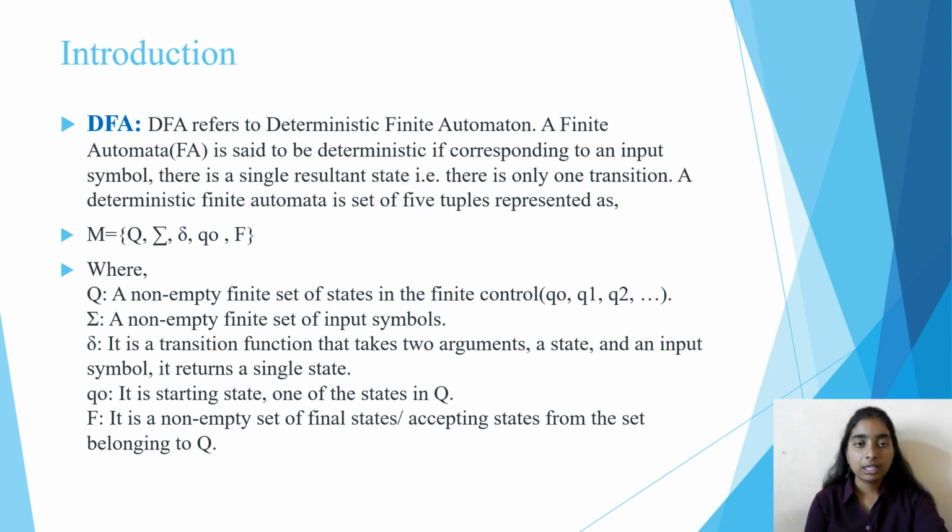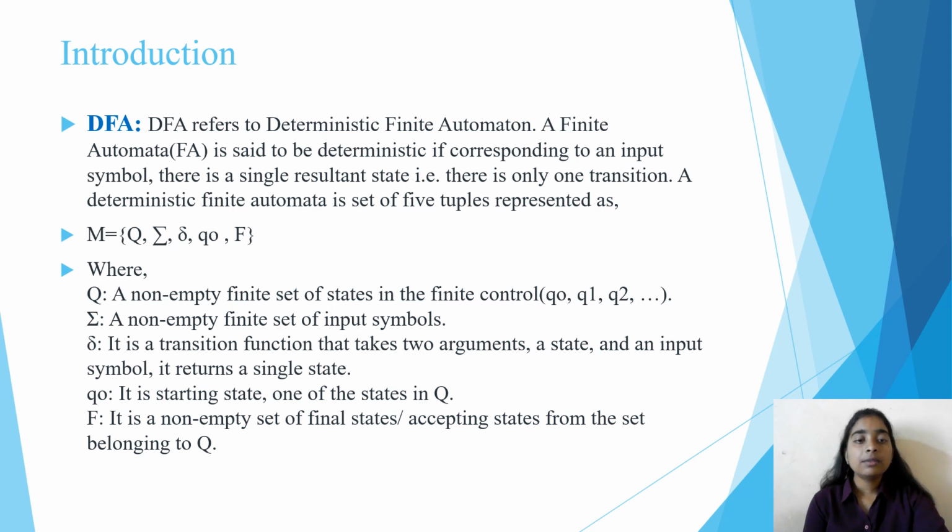DFA refers to the deterministic finite automaton. A finite automaton is said to be deterministic if, corresponding to an input symbol, there is a single resultant state. There is only one transition between two states.